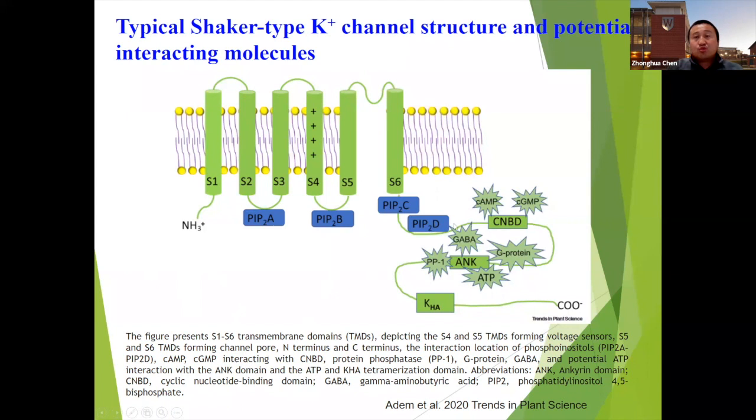There are potential interacting molecules like cAMP, cGMP, GABA, G protein, ATP. So this gives us a bit more insight into the structure. Of course, there are a lot more studies done in Arabidopsis, so I won't go into too much detail because this talk is focused more on barley.